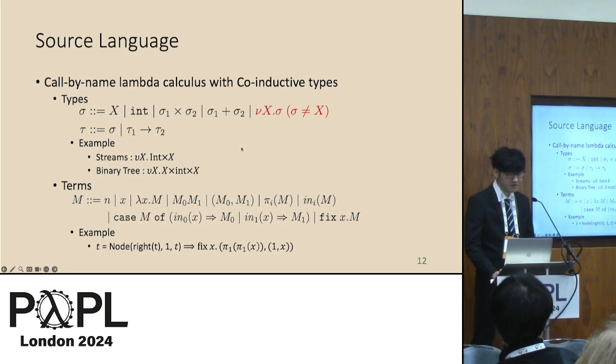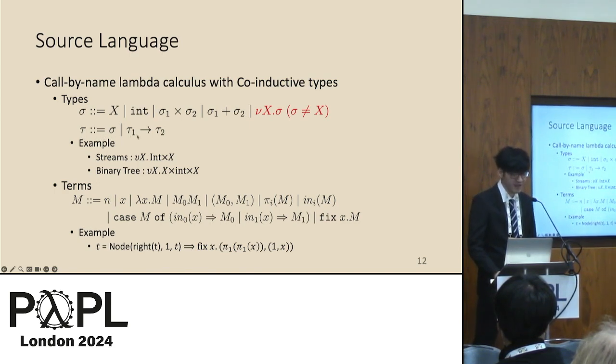For example, the type of stream is represented by this, and the type of binary tree is represented by this. The type denoted by tau is either a non-functional data type or a function type. So we do not allow functions stored in co-inductive data structures.